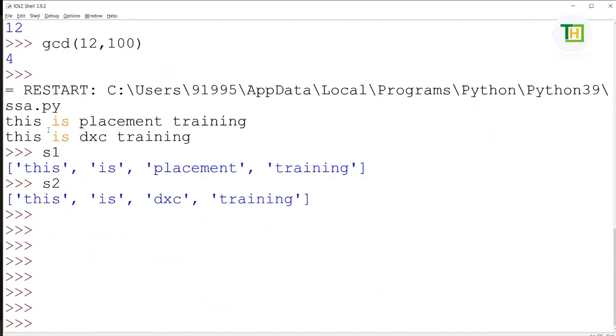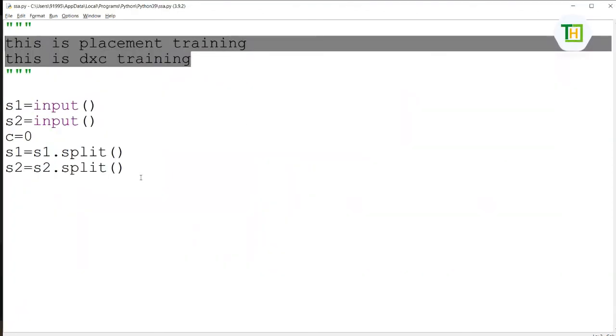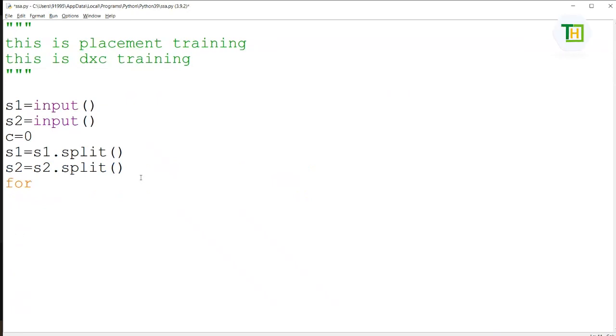S1 now is going to be a list of words here. This is separated as one list item: one item placement and training. It is converted into a list of words using the split method. Now I am going to write a for loop either on S1 or S2. That is not a problem.